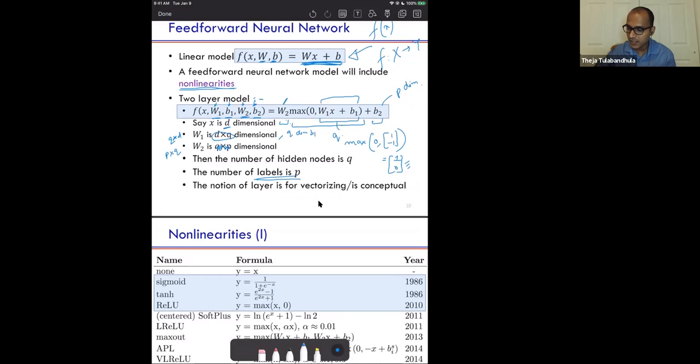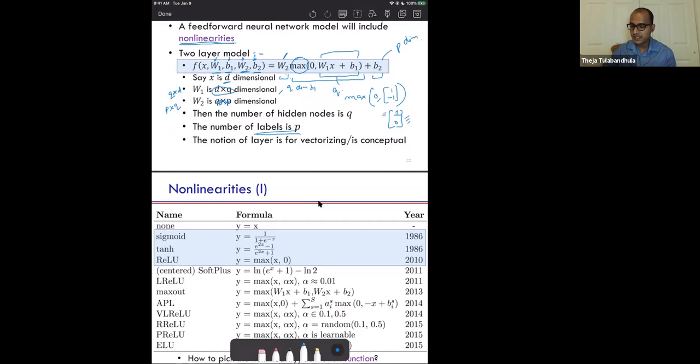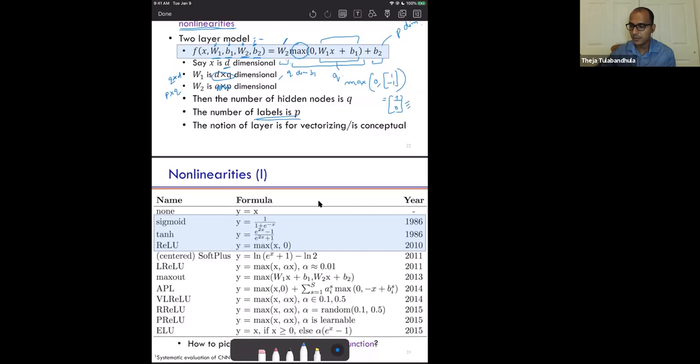But first, let me focus on this max operation. This max operation is an example of a nonlinearity, as I'll show you in a couple of slides. But there are many such operations that you can have. So max was a function which was taking an input; in this case, the input was W1x plus B1.